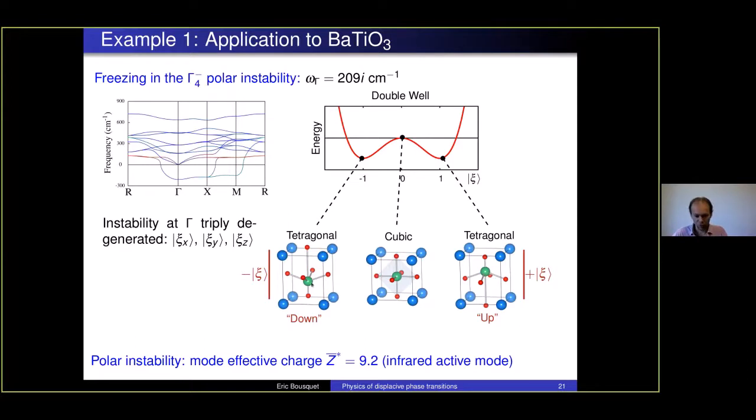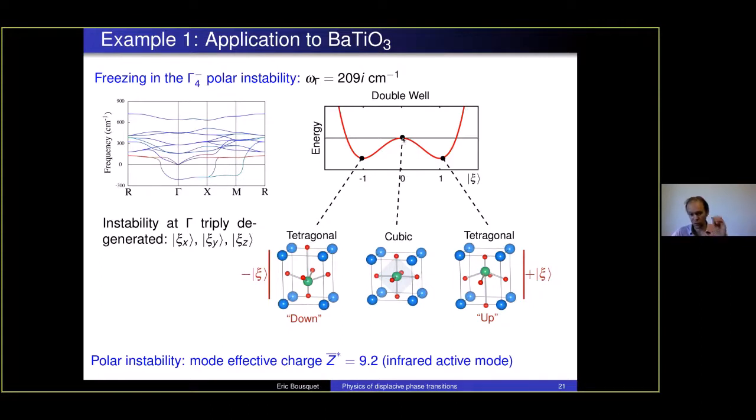And if you look carefully, what is this eigenvector? You see that it is the titanium going one way and the oxygen going the opposite way. So basically, you have an oscillation between, let's say, titanium going down and oxygen going up, or titanium going up and oxygen going down. And if you take this type of atomic displacement and freeze it into the structure, you find this energy landscape.